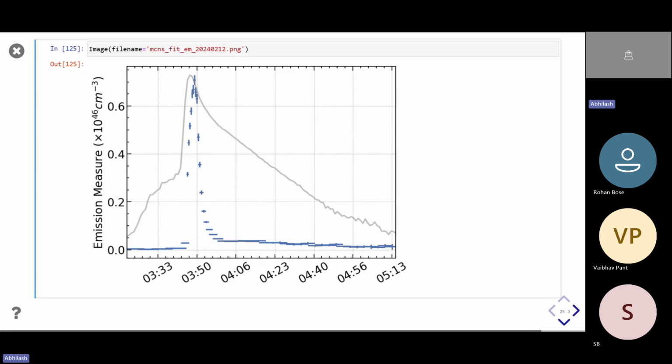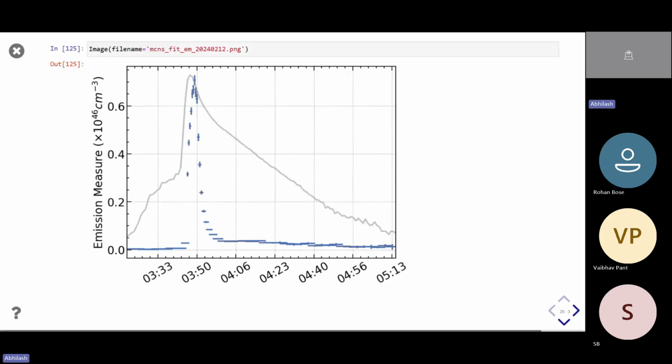Your flux is also building up, so the flux peaks next, and as the temperature builds up, all the plasma occupies the coronal loop that you saw in the movie, and as the plasma occupies the loop, your emission measure picks up. So temperature, then soft X-ray flux, and then emission measure.